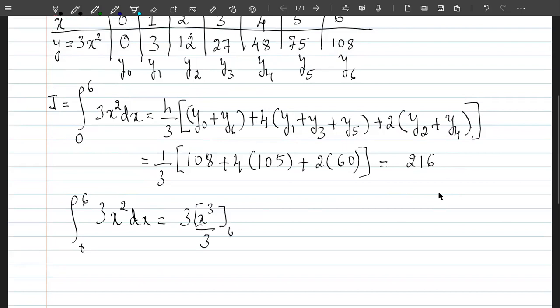Put the limits for x from 0 to 6. Cancel this 3 and 3. X cube, that means 6 cube minus 0 cube. 6 cube will be nothing but 216. So you can see that the actual value is matching with the calculated value, but need not be the same in the case of the remaining problems.